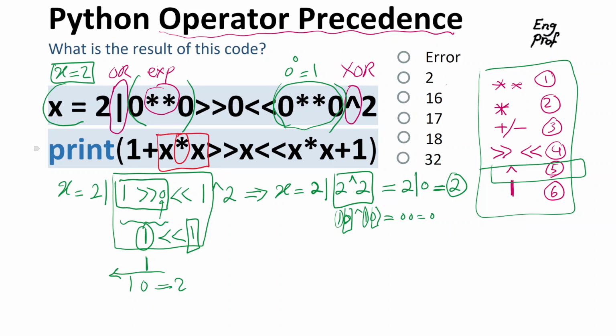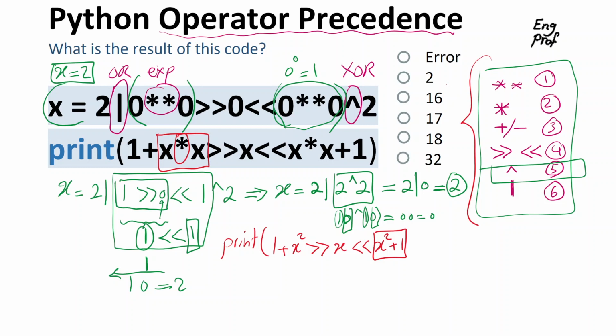So effectively we are printing x to the power 1 plus x squared, bitwise shift by x, bitwise shift, and x squared plus 1. Because of operator precedence, 1 plus x squared and x squared plus 1 have higher precedence.